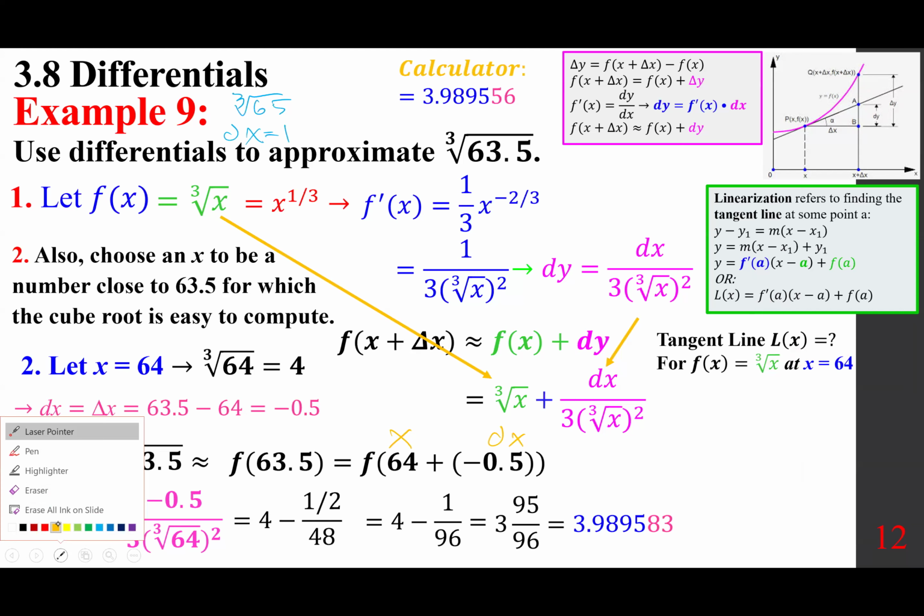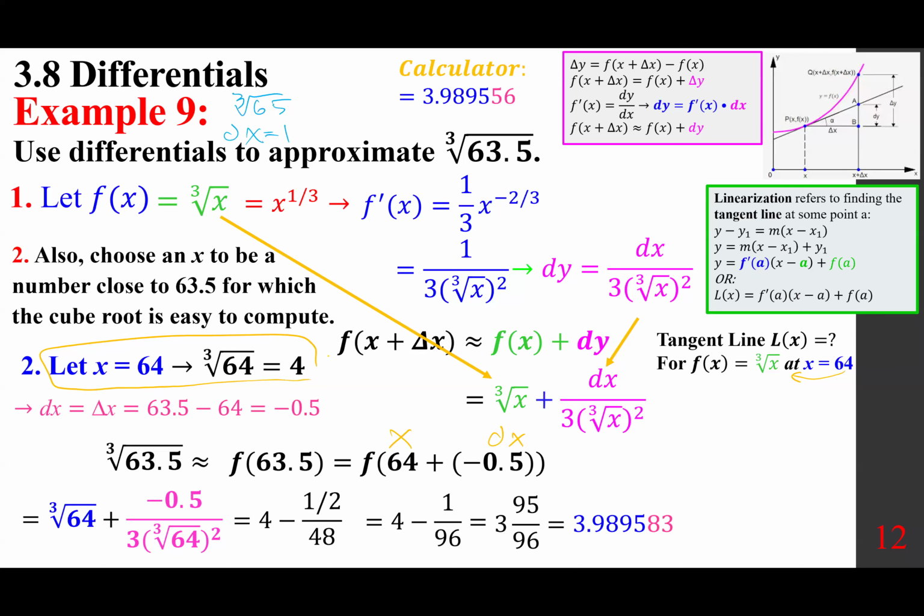Obviously, if you plug in, you already have the answer here: 64, 4. What about the slope? In order to find the slope, you plug into f prime of x, to this function. And if you plug it into this function, remember, cube root of 64 is 4, squared is 16, times 3 is 48.